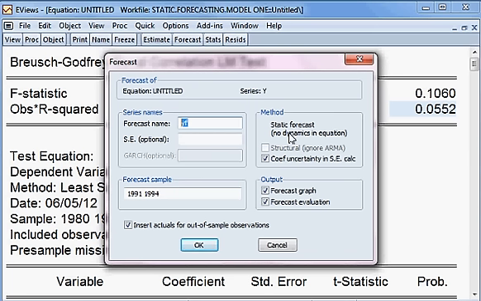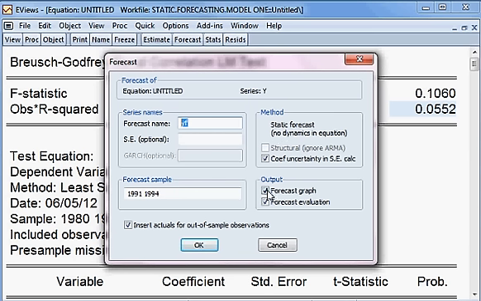The model we have estimated was not a dynamic model.